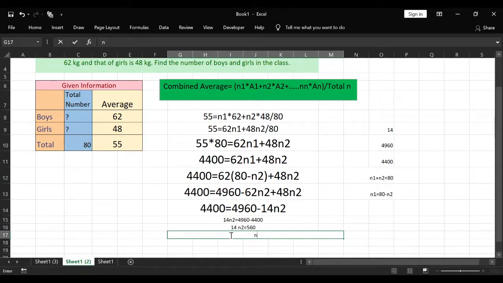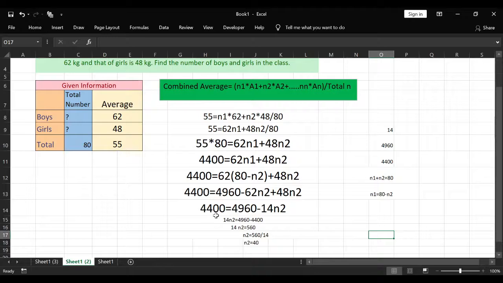Now n2 equals 560 divided by 14. So 560 divided by 14, now n2 equals 40.